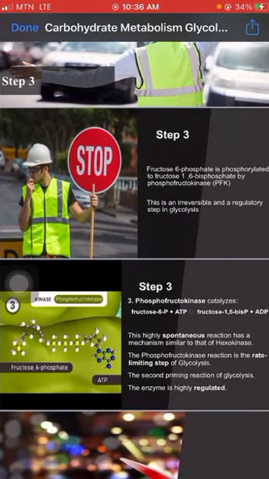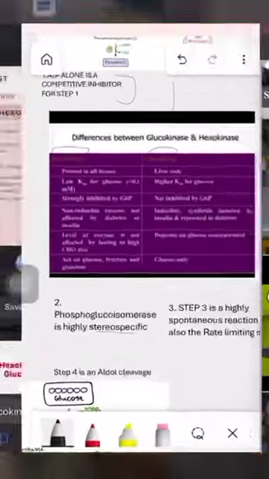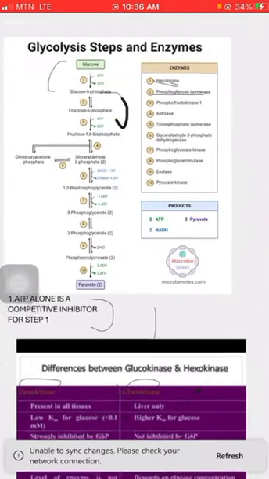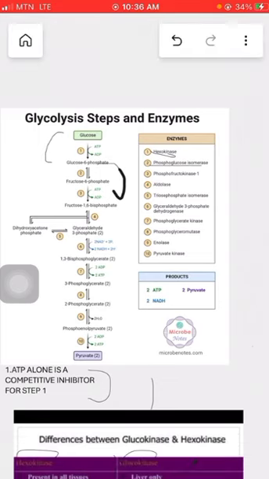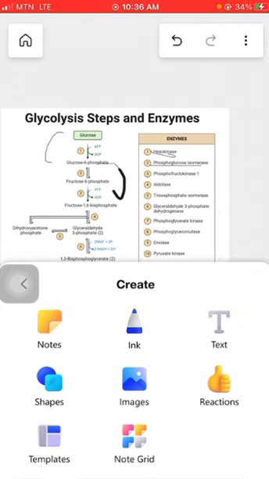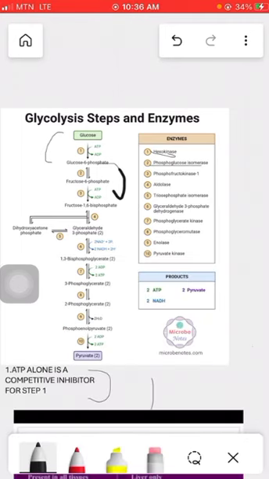For step 3, fructose 6-phosphate. The fructose 6-phosphate in step 3 will be converted to what? Fructose 1,6-bisphosphate. I don't know if you can see that. So the fructose 6-phosphate is being converted to the fructose 1,6-bisphosphate.